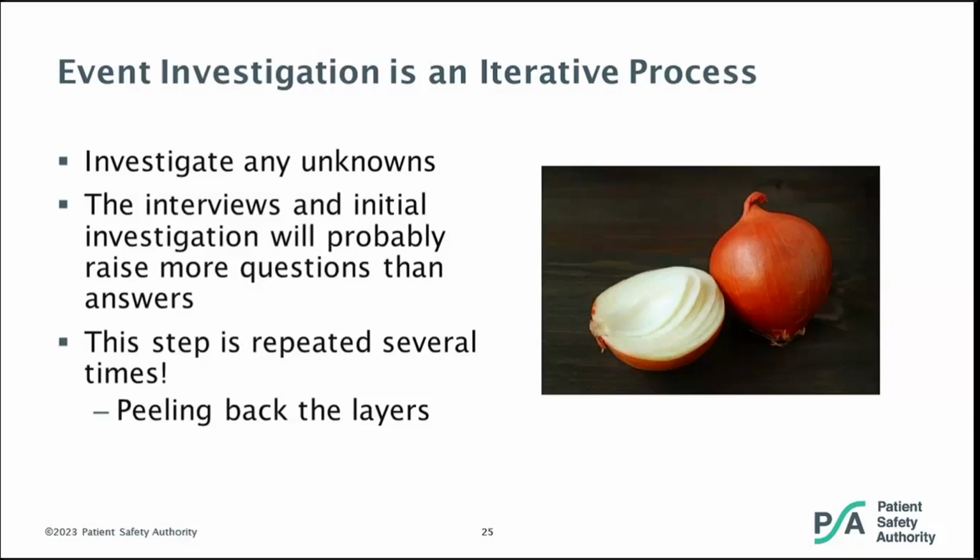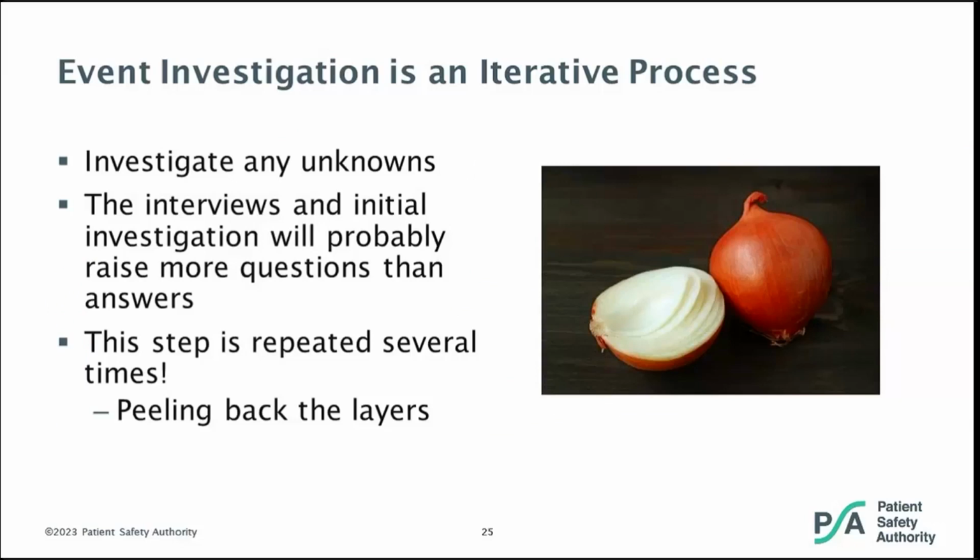So what exactly does event investigation as an iterative process mean? We have a picture of an onion there, right? When we talk about peeling back the layers of an onion, it's very similar to when you're conducting investigations. What this simply means is that it's a process of continuous improvement, and it involves repeating the same steps over and over until the desired result is achieved.